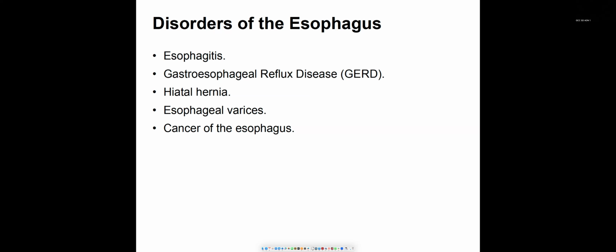This is basically a protrusion of the stomach through the diaphragm into the chest cavity, often leading to some kind of GERD or reflux. Esophageal varices are swollen veins in the esophagus, typically due to liver disease, with a risk of severe bleeding. Cancer of the esophagus. These are malignant tumors that are highly deadly and often linked to smoking, alcohol, or some kind of chronic GERD.